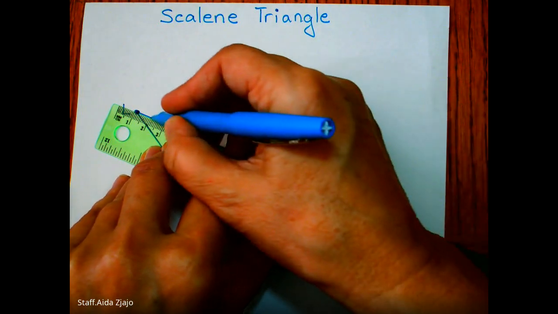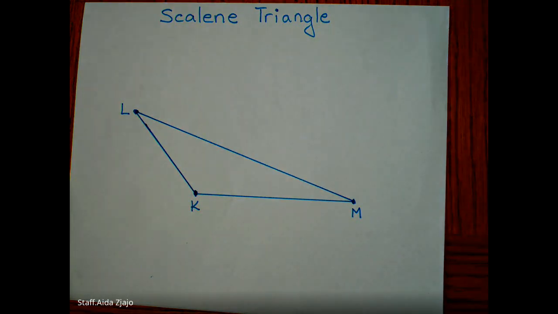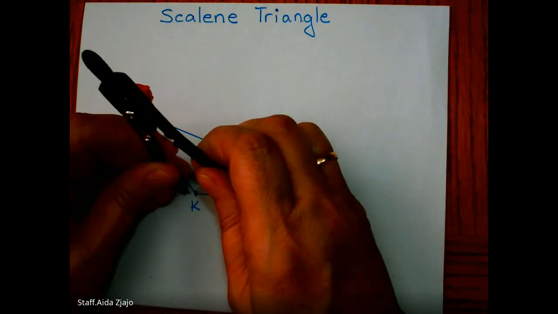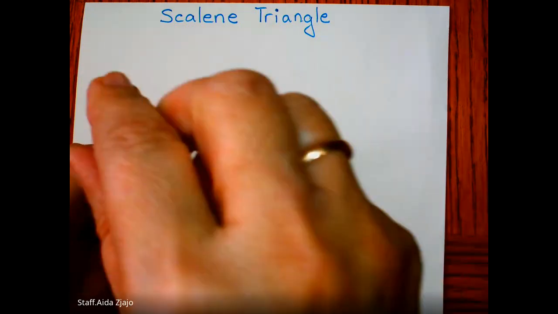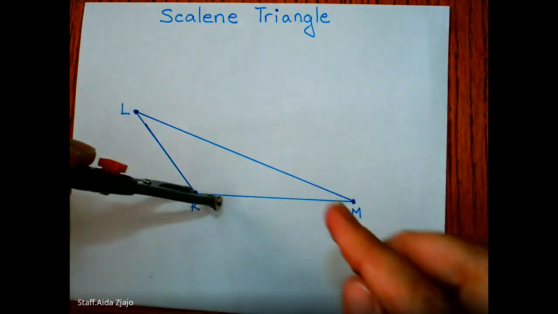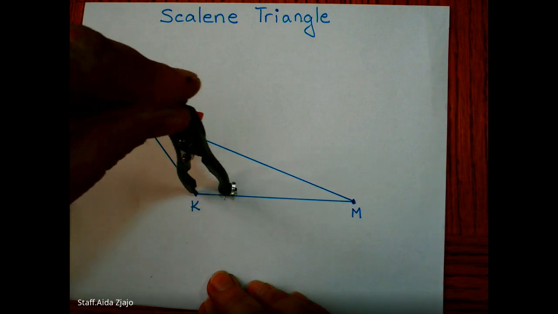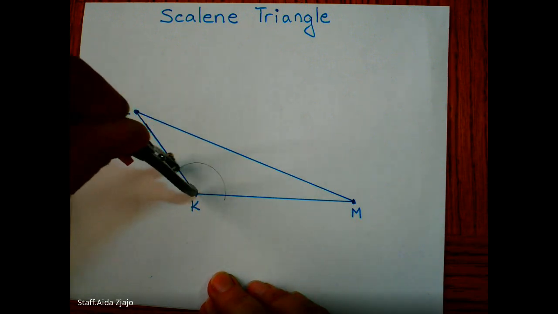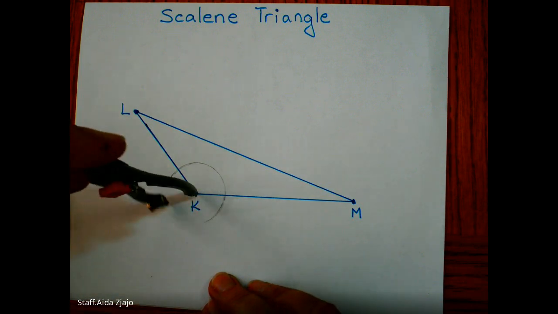Okay. Then I can show you how this 130 degrees angle is an obtuse angle. If I take my compass and press it very sturdily to the point K, I can draw the circle around the K, and all the way around.